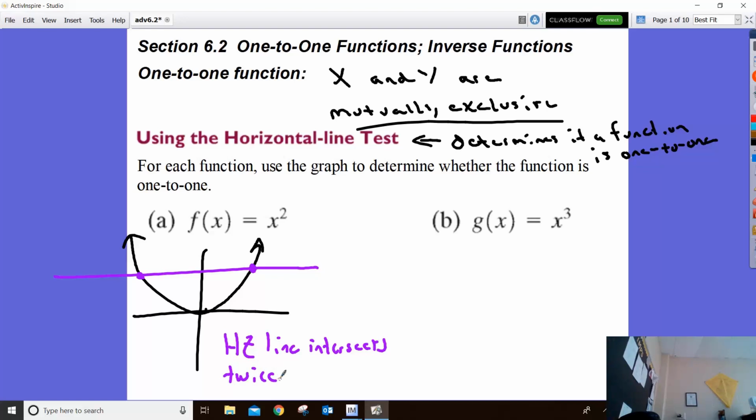What that means is that a single y value has how many x's? 2. Is it one-to-one? No. X is loyal, but is y? It's not one-to-one.